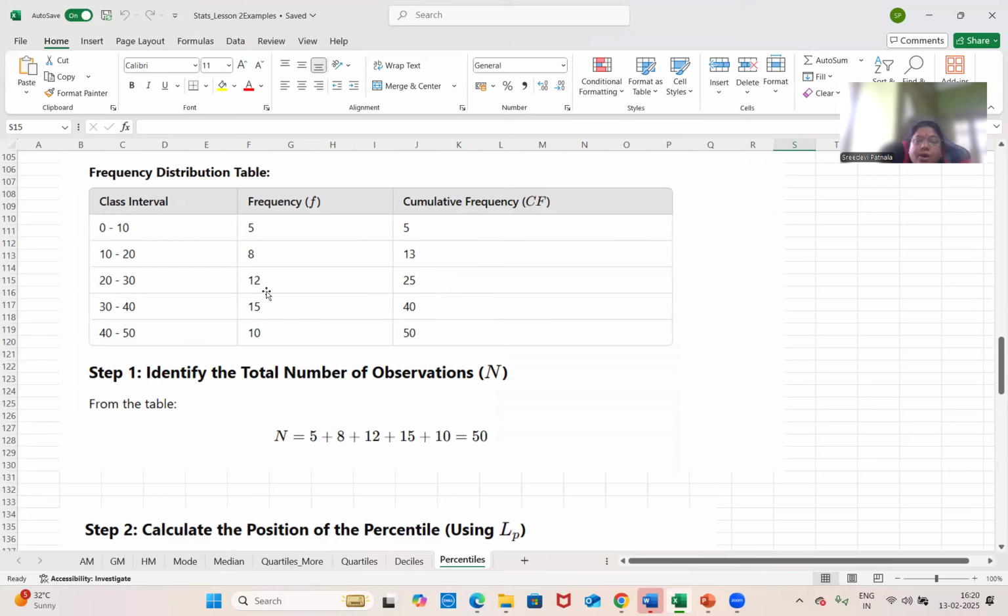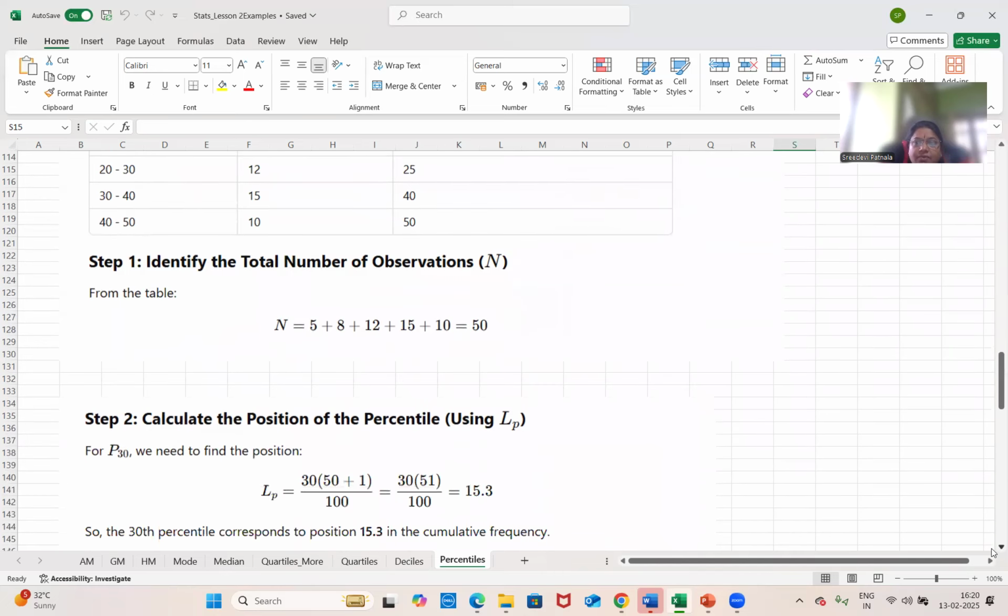Here, the value 15.3 falls under 25, so the cumulative frequency of the class above, 13, is taken as F.